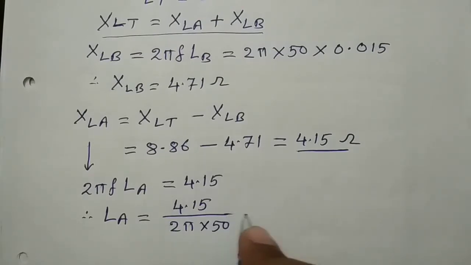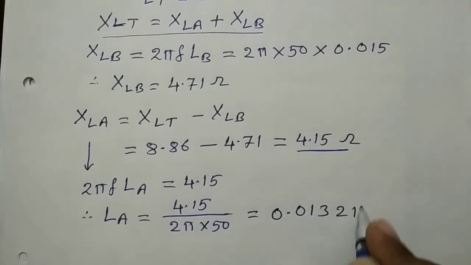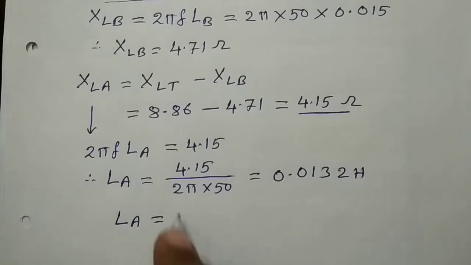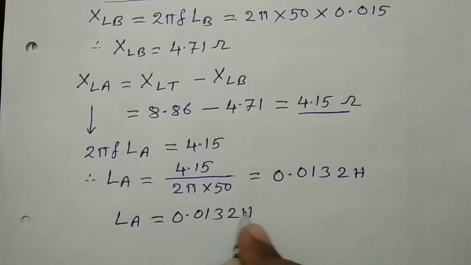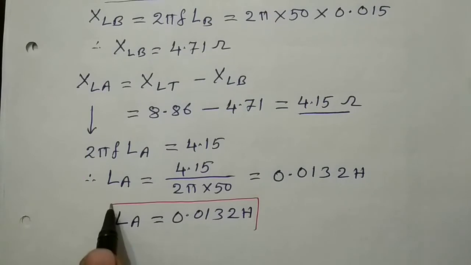After solving, the value will be 0.0132 Henry. Therefore, the inductance of the coil A is 0.0132 Henry.